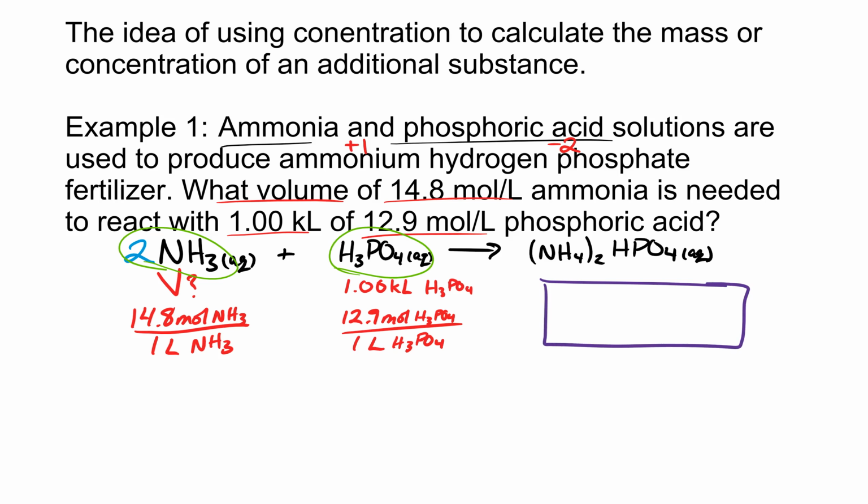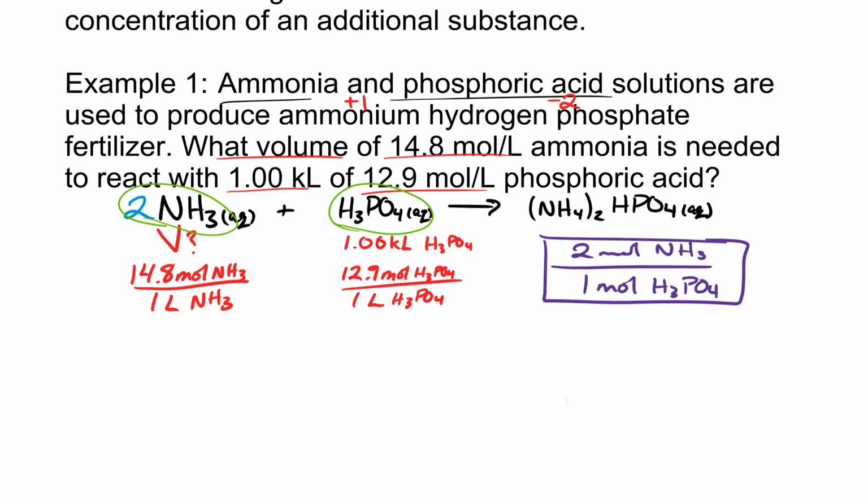Molar ratio is always unknown over given, so 2 moles of ammonia will react with 1 mole of phosphoric acid. Perfect.